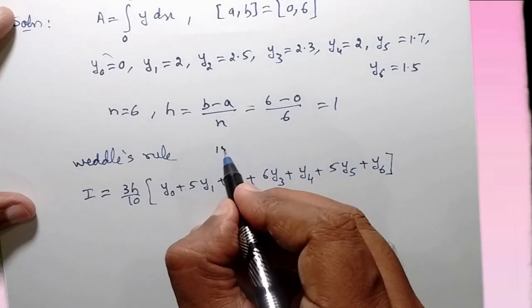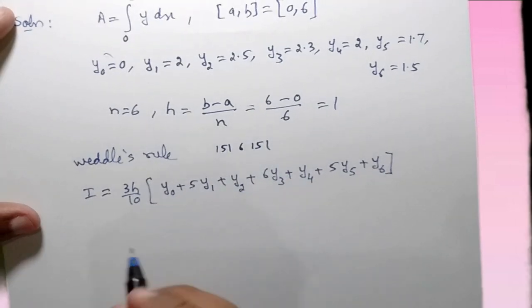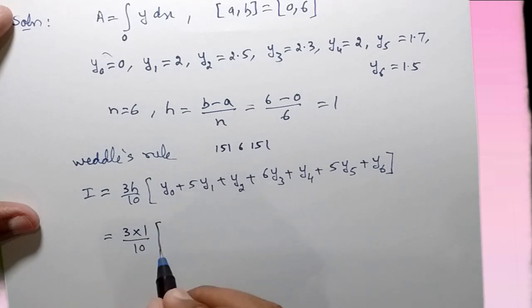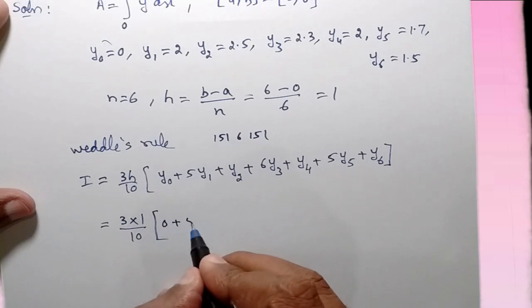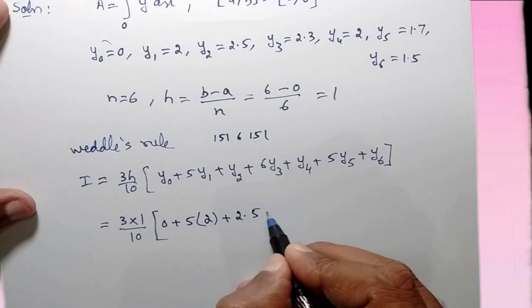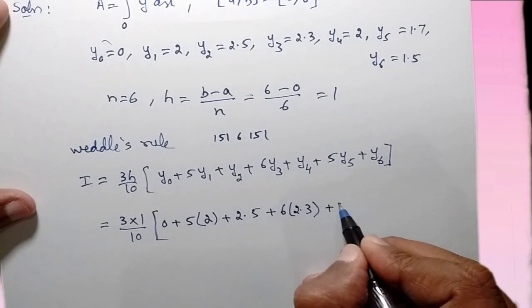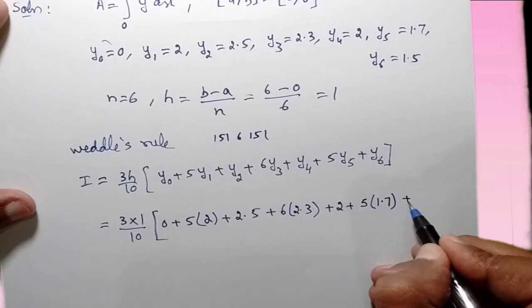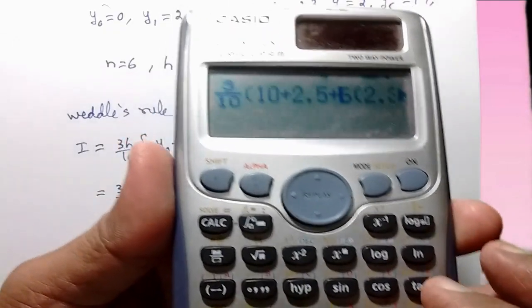Or you can use that code to write this formula. So you know all the values, you can just plug in 3 into h value is 1 divided by 10 into your y0 value will be 0, 5 times of y1 value is 2 plus y2 value is 2.5, 6 times of y3 value is 2.3, y4 value is 2, 5 times of y5 value is 1.7, y6 value is 1.5. Just see, I have typed the values over here.